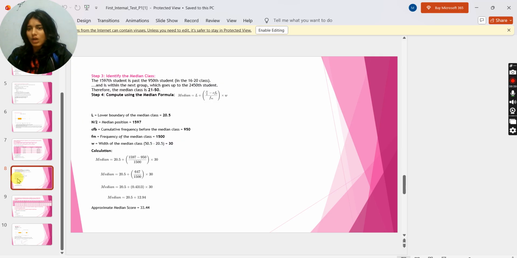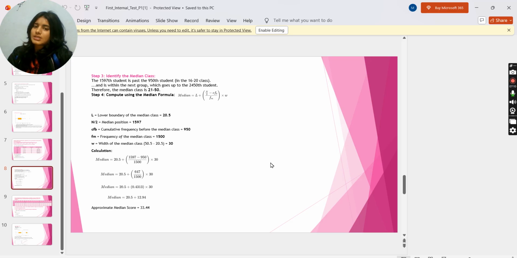Now the third step is to identify the median class. The 1597th student is past the 950th student in the 16 to 20 class and is within the next group, which goes up to 2450 students. Therefore the median class is 21 to 50. Step 4 is to compute using the median formula.